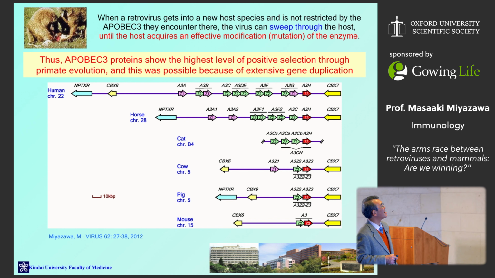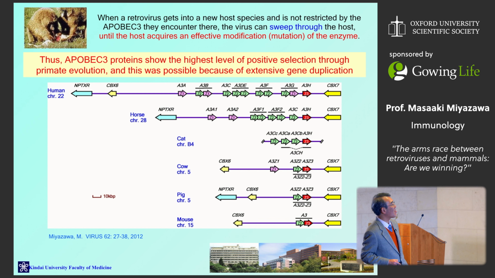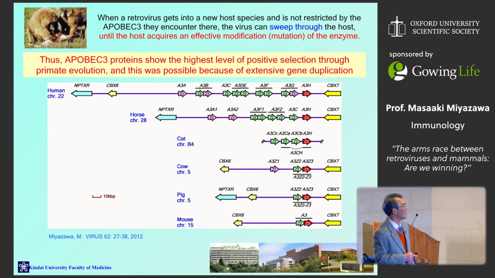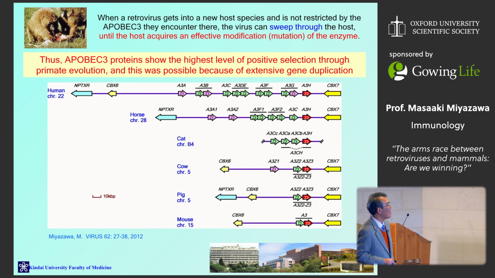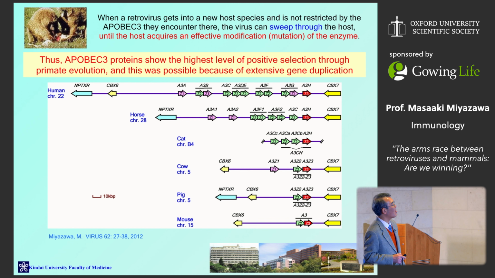So because of that, mammals have acquired repeated copies of ApoB3. For example, mice have only one copy of the ApoB3 gene on the chromosome, but cat has 3 repeated copies of the ApoB3 gene, and horse has 7 copies, and humans have 8 copies of ApoB3.